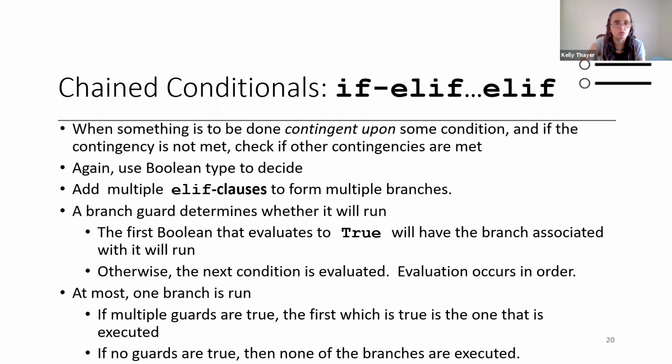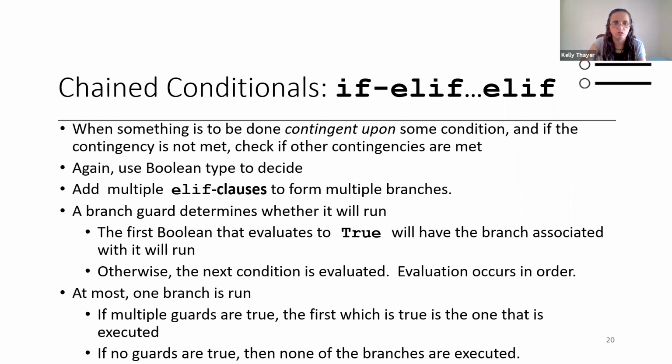So again, we're going to use the Boolean type to decide. What we're going to do is add multiple if clauses to form multiple branches. Each of those if statements will take a conditional statement with it, and then we will evaluate them from top to bottom to see which one is going to be true first. So a branch guard determines whether it will run.